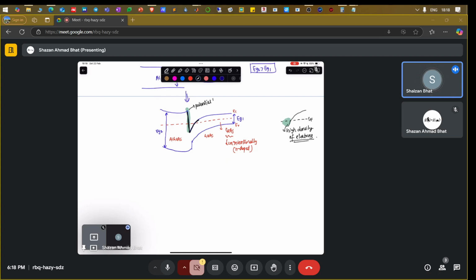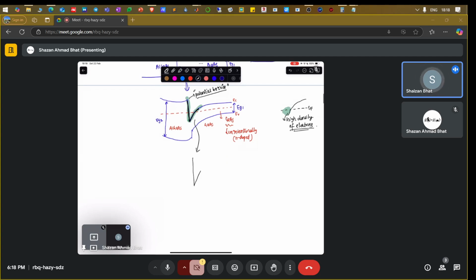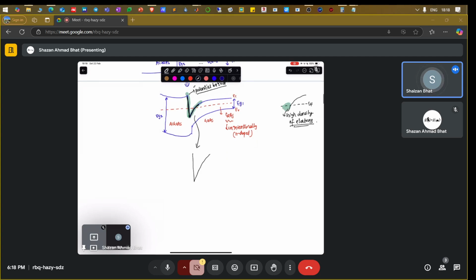So this is a potential barrier, and it is now a similar problem to that of a quantum well, except that if you zoom into this region, it looks something like this. This is almost like a triangular quantum well.